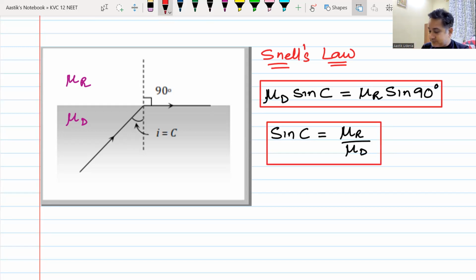Do we understand this now? Yes, sir. Mu d is greater than mu r, so mu r by mu d will be less than 1. That thing will be equal to sine of C. I'll give you 1 minute to note this down.